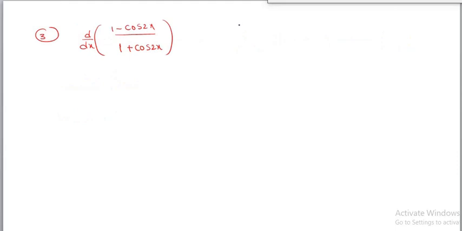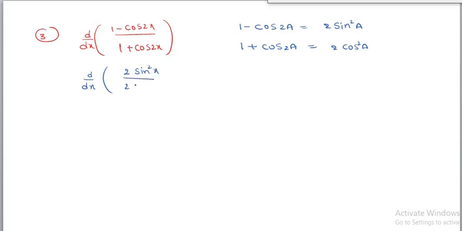Next problem. 1 minus cos 2a formula is 2 sin square a, and 1 plus cos 2a formula is 2 cos square a. So d by dx of 2 sin square x by 2 cos square x. The 2 cancels. d by dx of tan square x.